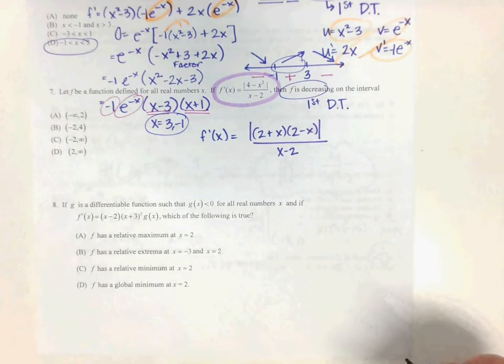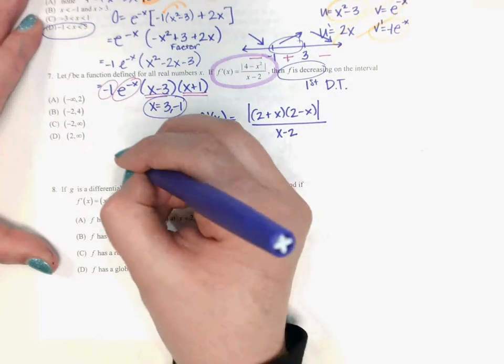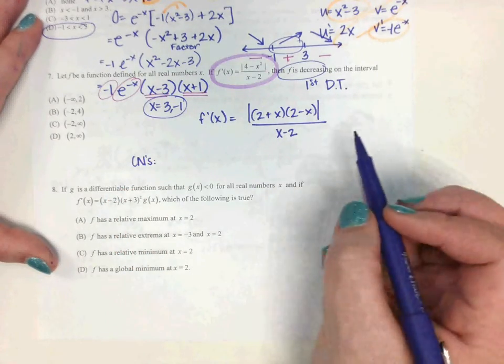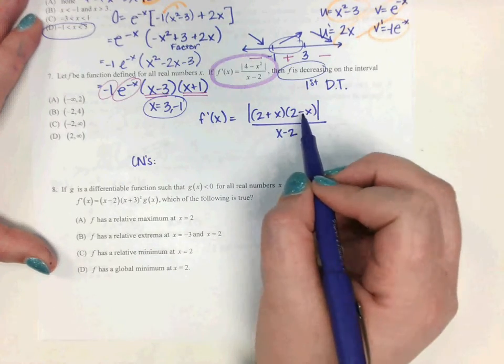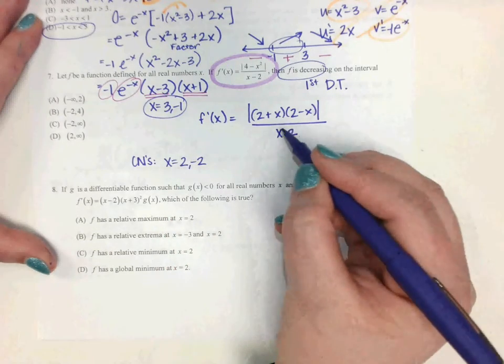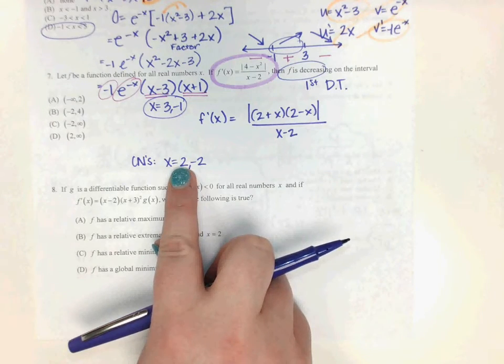But it's still factorable. Okay, from there, what are my critical numbers? Okay, so my 2 plus x gives me a negative 2. My 2 minus x gives me a regular 2. What about the one from the bottom? That gives me a 2 again. It's already on the list. I don't have to write it again.